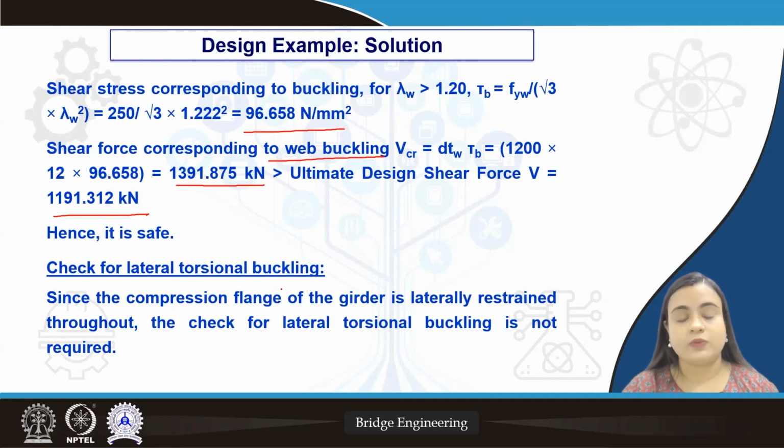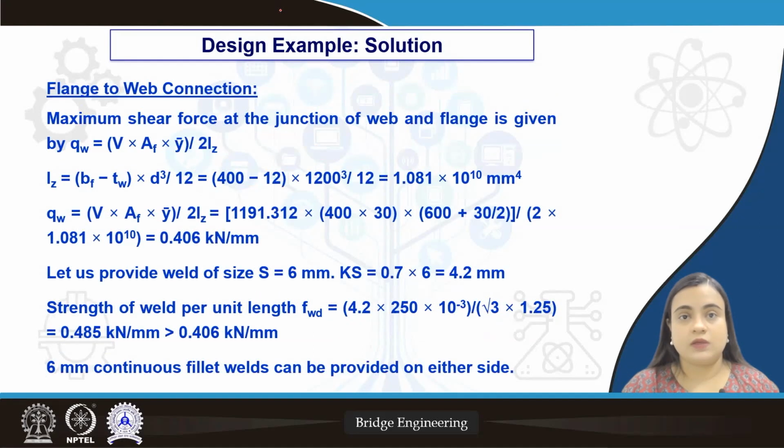Then we are required to check for lateral torsional buckling. Since the compression flange of the girder is laterally restrained all throughout, we are not required to check for lateral torsional buckling in this case. Then we will go for flange to web connection.